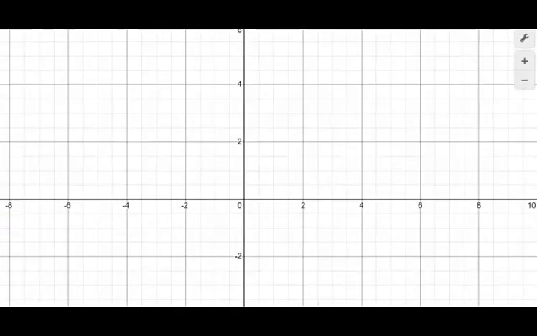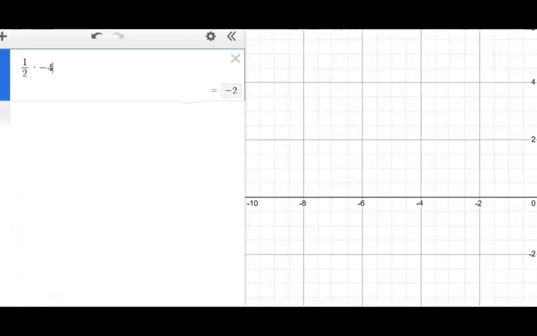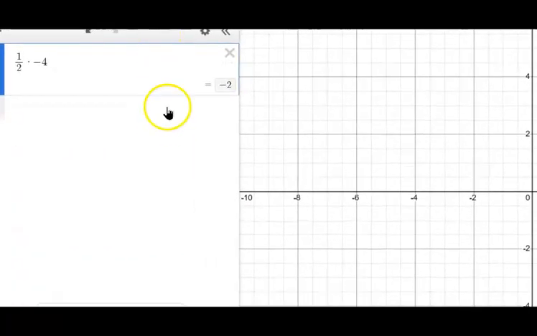And you can see it here. If you do 1/2 times negative 4, that's negative 2. Oops, I forgot to put that there. All right, yeah. So 1/2 times negative 4 is negative 2.